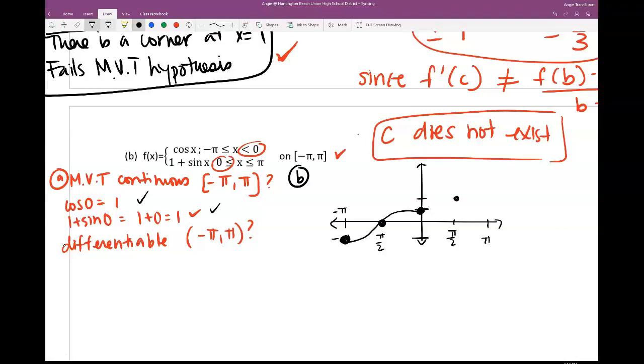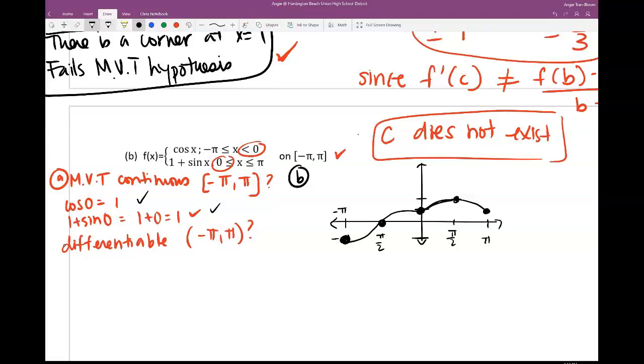Sine of pi is 0, but 0 plus 1 is now 1. So that will go, let's see, and I need to put a dotted 1 right here. So that's sort of a little sketch.